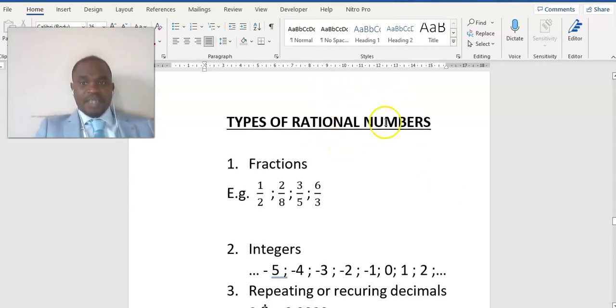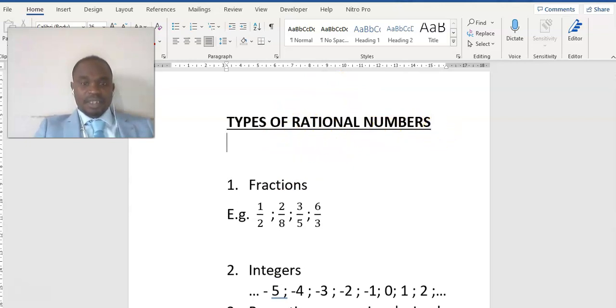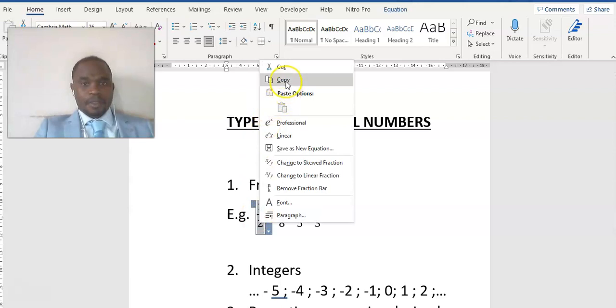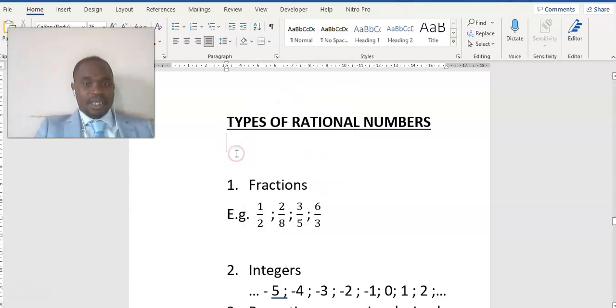So rational numbers, we know rational numbers are numbers that can be written in the form a over b. Let's say this is a.